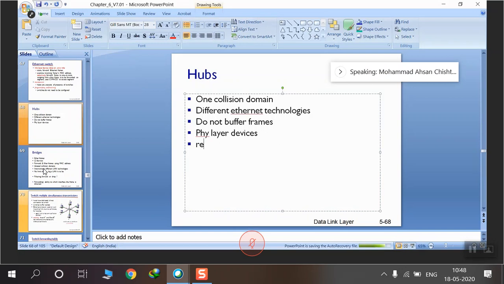Keep that in mind as well. Also, they are nothing more than repeaters. I'll just add a few more points here. So they do not buffer frames. They are physical layer devices, as well as they are just repeaters.